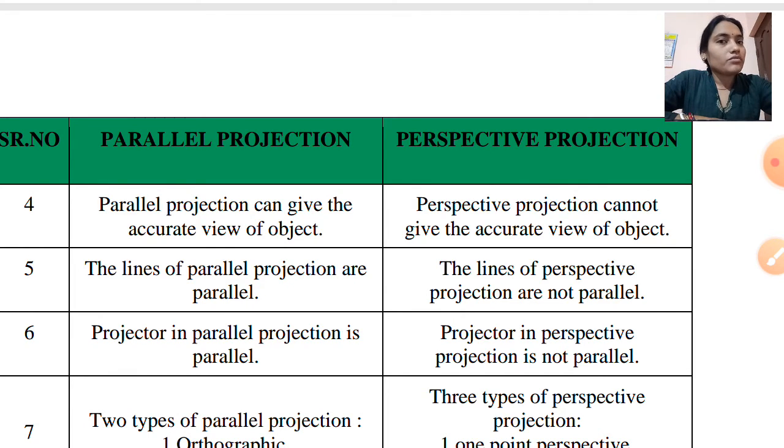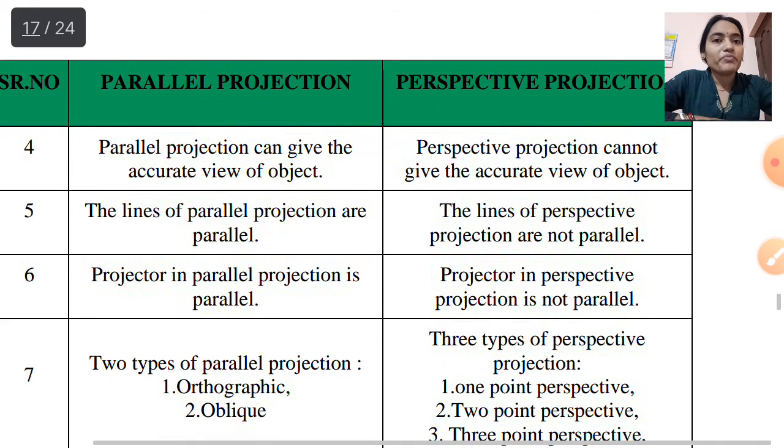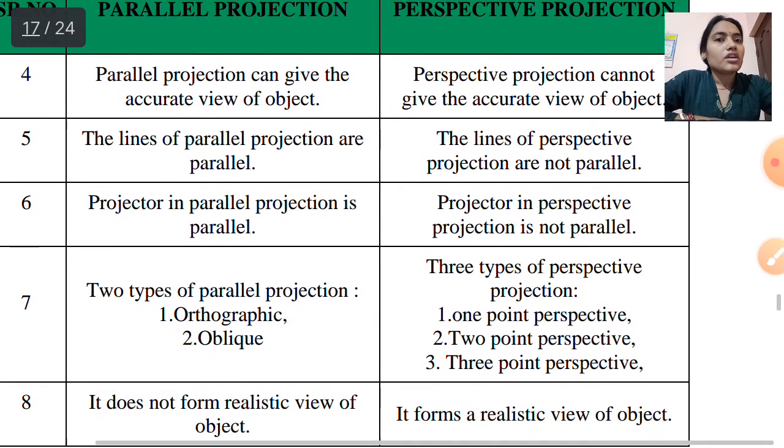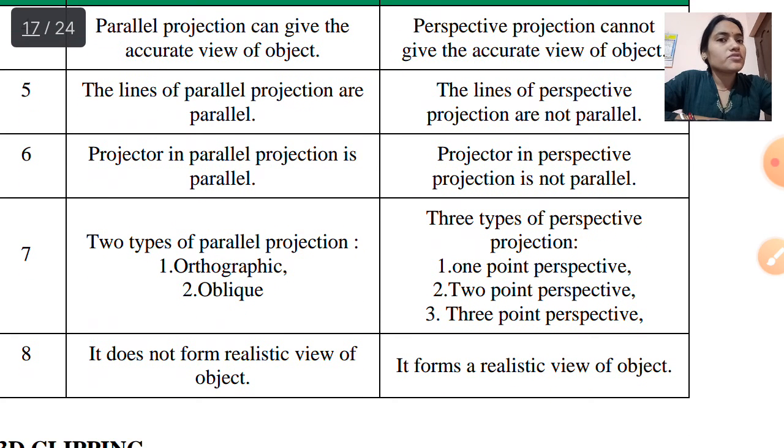In parallel projection the lines are parallel, in perspective the lines are not parallel. And in parallel the projectors are also parallel, but in perspective projection they are not parallel. Parallel projection has two types, orthographic and oblique, but perspective projection has three types: 1 point, 2 point and 3 point perspective.